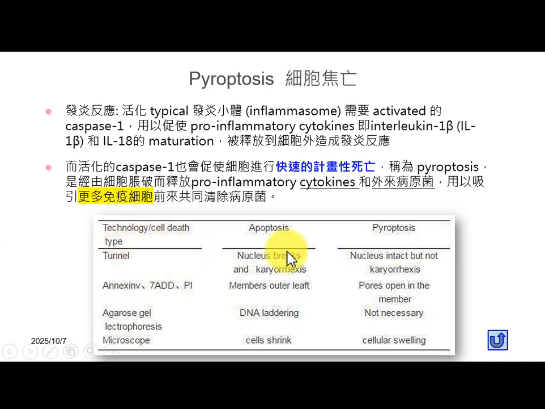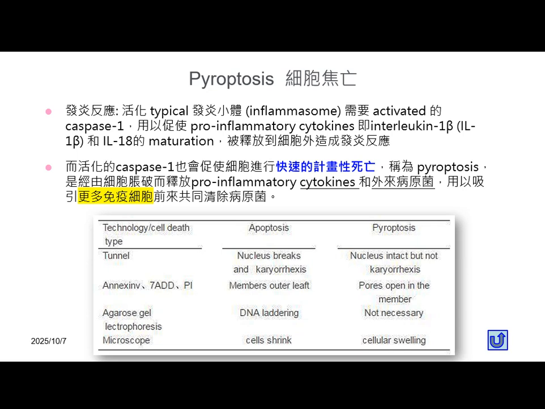But at the same time, it activates caspase 1. Caspase 1 is one of the members in pyroptosis. So there are multiple mechanisms happening inside a pyroptosis. It has apoptosis and pyroptosis happening at the same time. And we will talk about how you make the differentiation between them.